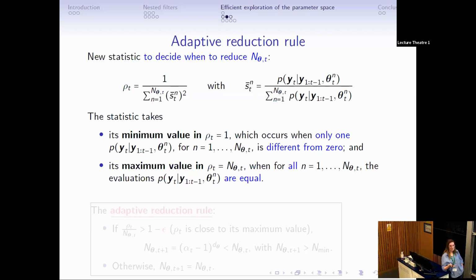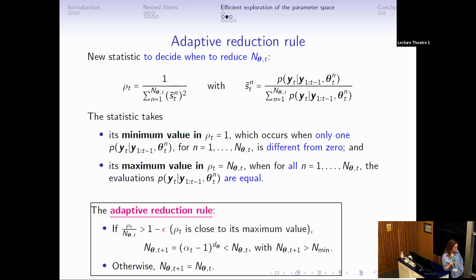For the ESS, that would be something good, like it's performing well. But in this case, we are assuming that when all of them are equal, it is because the filter is very close to convergence, the distribution is already very narrow, and they are so close together that we can consider them almost redundant somehow.